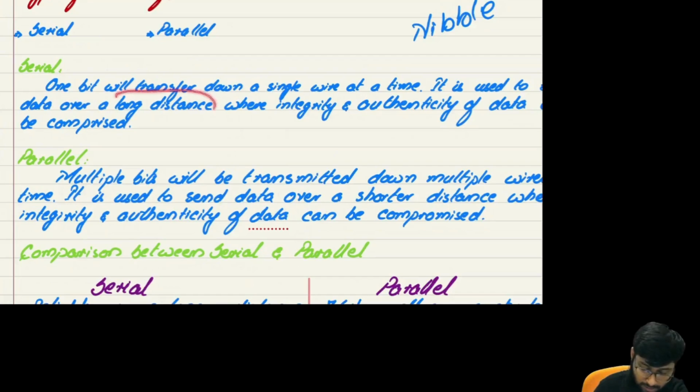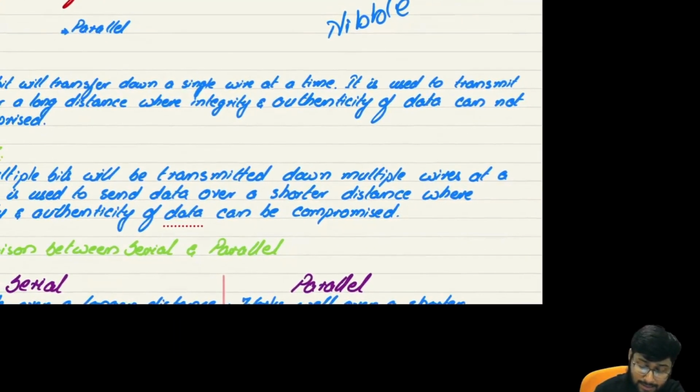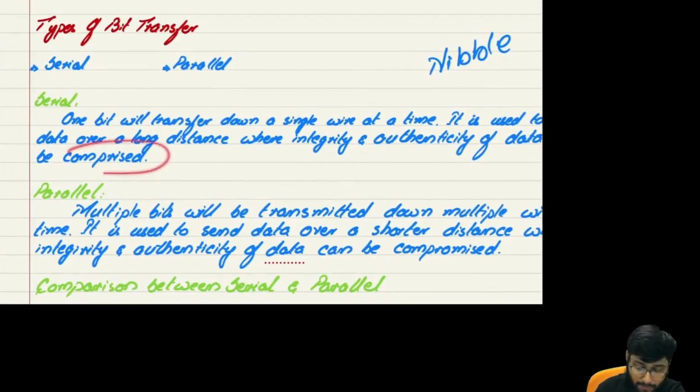Do remember that this long distance thing can be manipulated. That means we can send data using serial transmission over a shorter distance as well. But what cannot be manipulated, and what is more important, is that the integrity and authenticity of the data cannot be compromised.